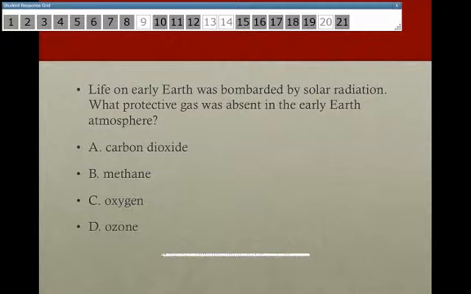Life on early Earth was bombarded by solar radiation. What protective gas was absent in the early Earth atmosphere? So which of these gases protect us from UV radiation, and was missing in the early Earth atmosphere?